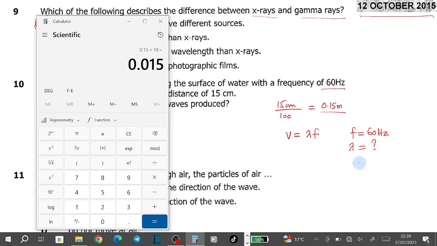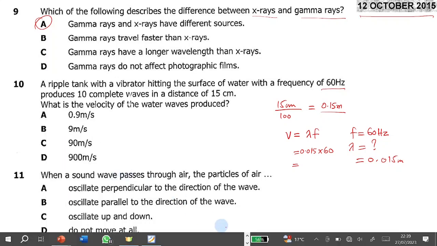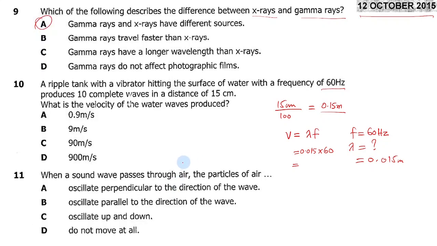So the wavelength becomes 0.015 meters. So substitute: wavelength is 0.015 times frequency, which is 60 Hz. I'll multiply this, which is 0.015 times 60, which will be 0.9.